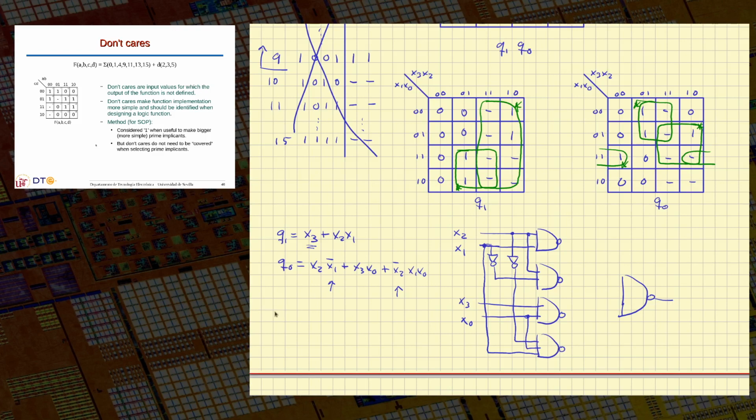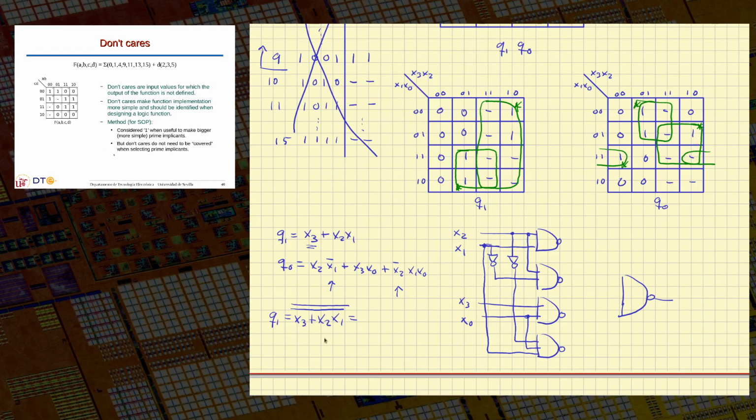If you are in doubt, you can just write Q1 again by double complementing the expression. So you can see how the operations convert into NAND. So I complement twice. Now I apply only the first complement.